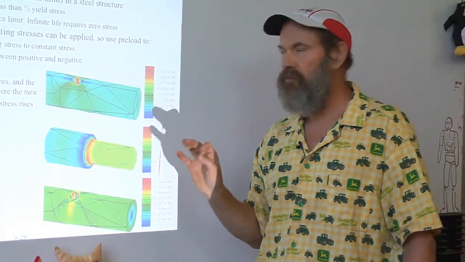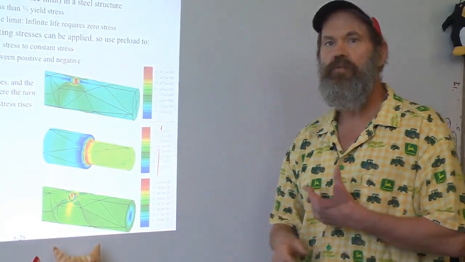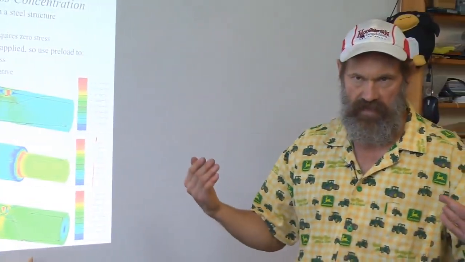It may seem counterintuitive, but often you have to remove material in order to make the localized stress lower. By removing material, you're making the transition of the stress flow more gentle. You don't want to make any sudden sharp changes. That's what causes failures.